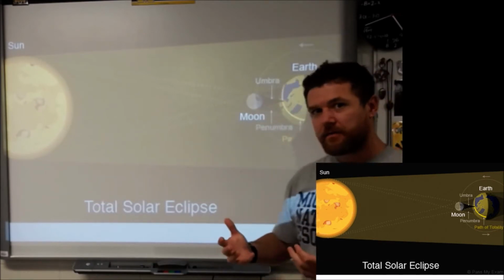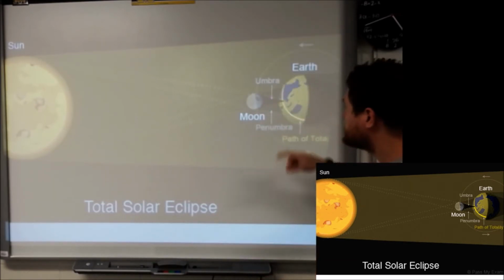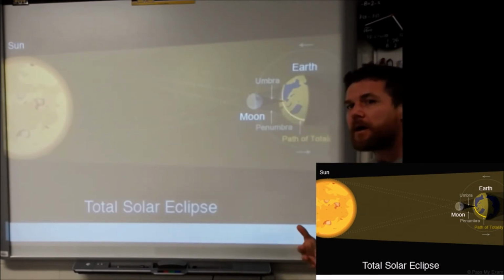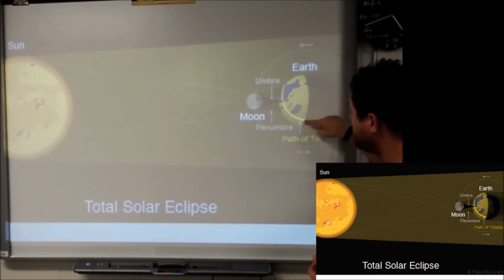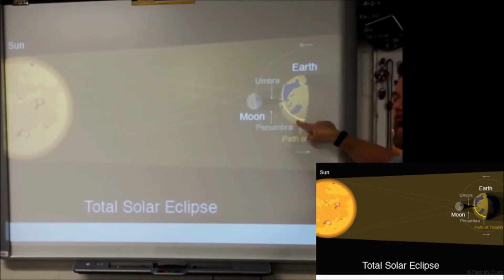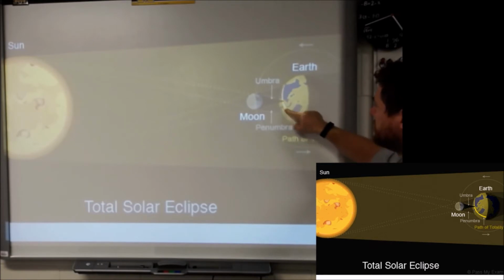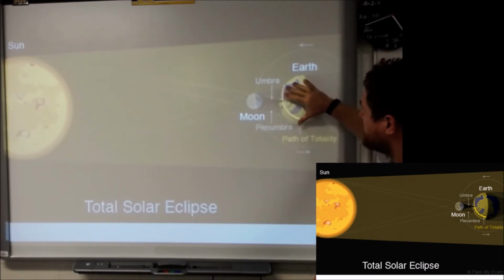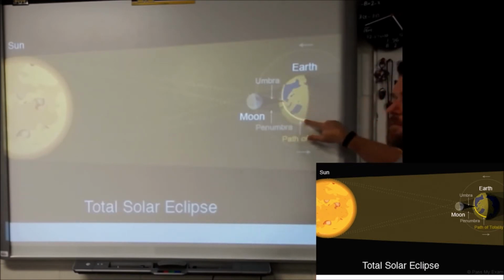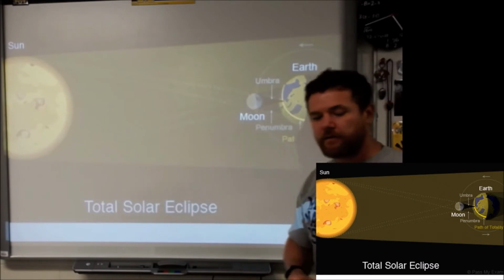That path that the shadow takes is what's known as the path of totality. If you are inside of this path of totality, that means that the shadow of the moon will end up falling on that portion of planet Earth's surface. And as the Earth is spinning, this is going to seem to move. We call that the path of totality.